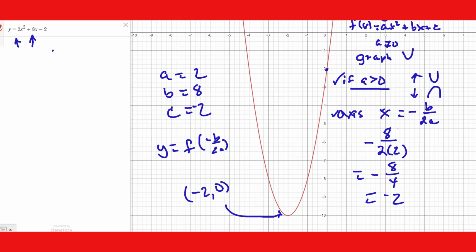So see that? 0, and we've got the c value. 0 and the c value gets us the y-intercept. So even if you were doing this by hand, you already know what's happening with a parabola once you look at each of the component pieces of the standard form.